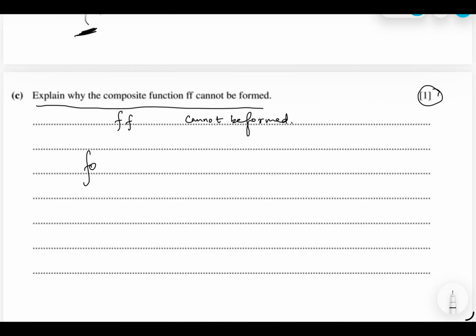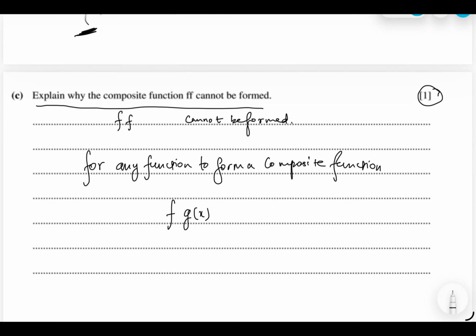For any function to form a composite function, for example, I say f(g(x)), the complete range of this function, the complete range, should be in the domain of f.